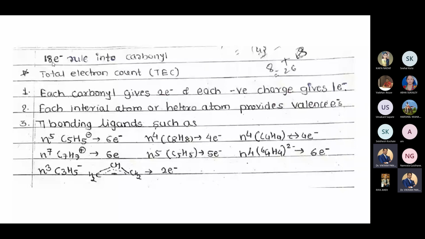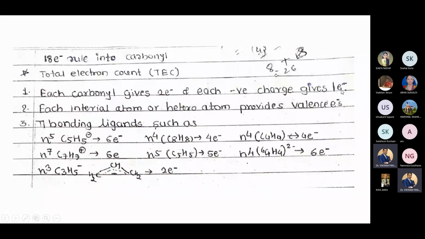And how to calculate this? This is very simple. In the 18 electron count, you have to count the total electrons. Okay, total electron count, that is TEC. How to calculate it? For each carbonyl which is present in the given structure or molecular formula, you have to count 2 electrons, and a negative charge gives 1 electron.